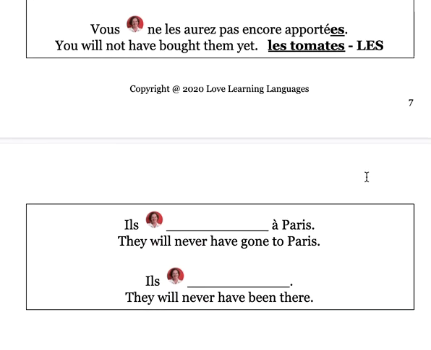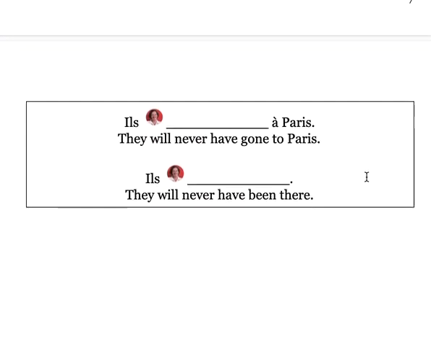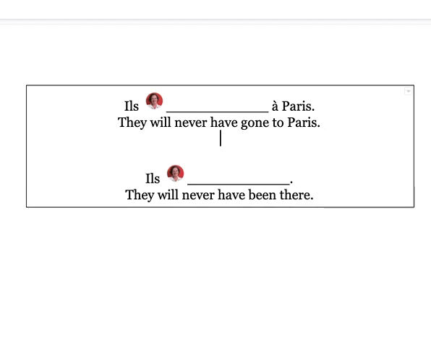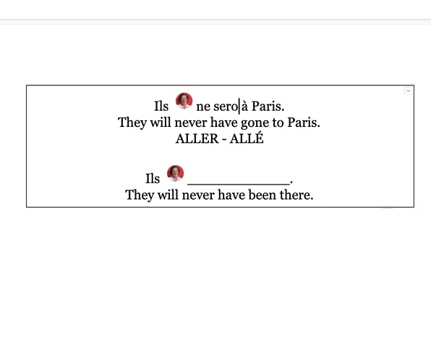All right? Enfin, they will never have gone to Paris. Donc, that's going to be just your verb aller. Okay, past participle allé. Donc, voilà, ils ne seront jamais allés à Paris, right? Because we're using never here. Ils ne seront, oops, with a T. Jamais allés à Paris.